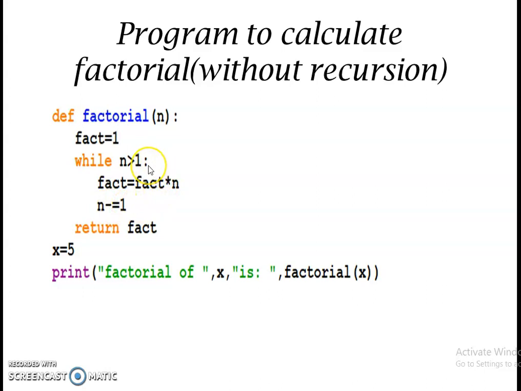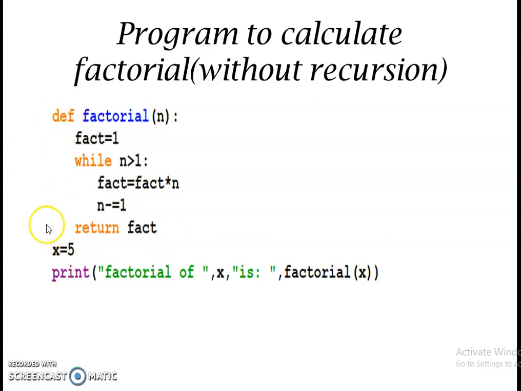For the next value of n, it will check the condition, then calculate the product and store it to fact. Again it will decrement the value of n, and this loop will go on till this condition is true. After this loop, it will return the value of fact. So this function definition ends here.